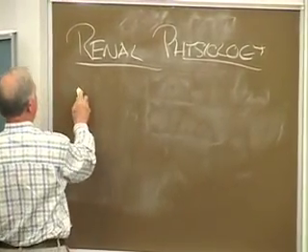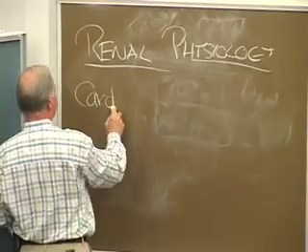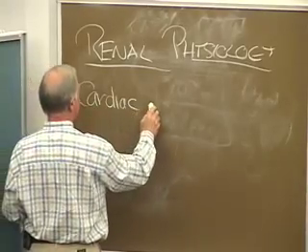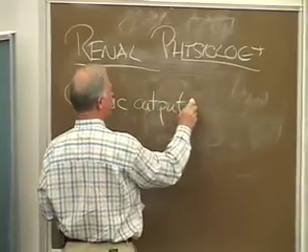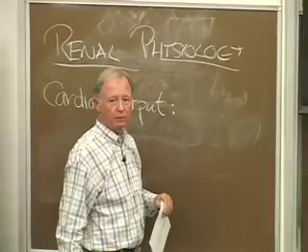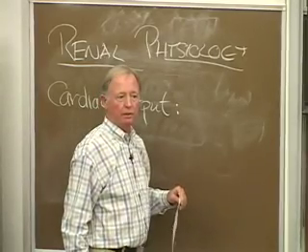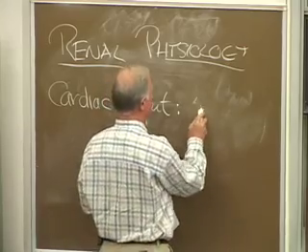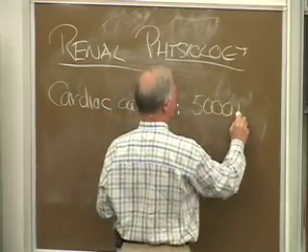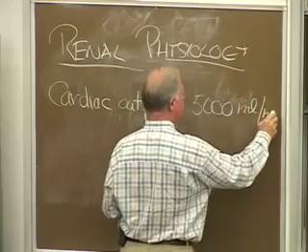Now, first of all, the cardiac output, which is coming out of the heart. Do you remember what that is typically in an average human? How many mLs per minute? 5,000. So it's roughly about 5,000 mLs per minute.